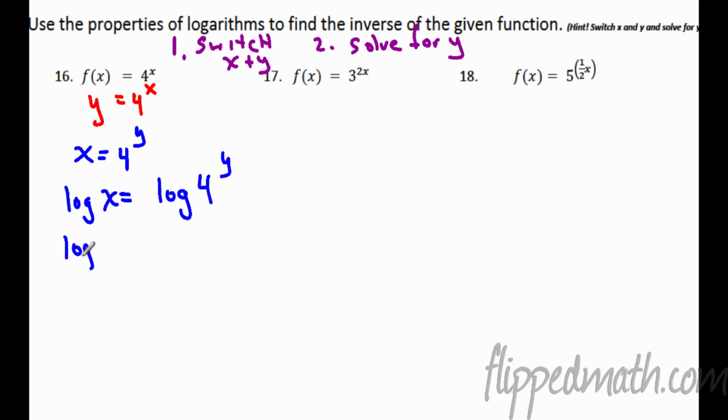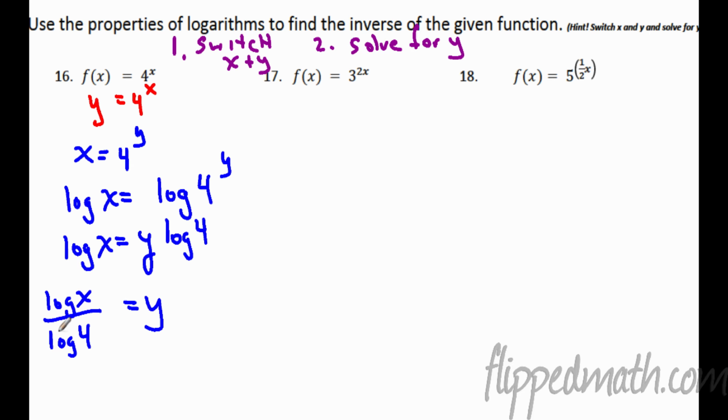So the log of x is going to equal y times the log of 4. By the way, this is an exercise in y's, g's, 4's, and later we're going to have 9's. It's crazy. So y is going to equal the log of x over the log of 4.